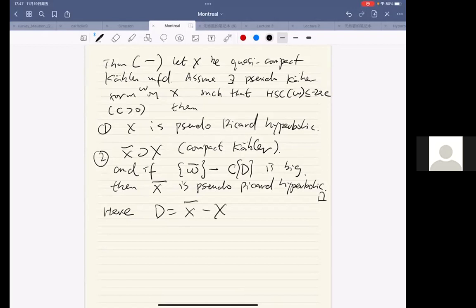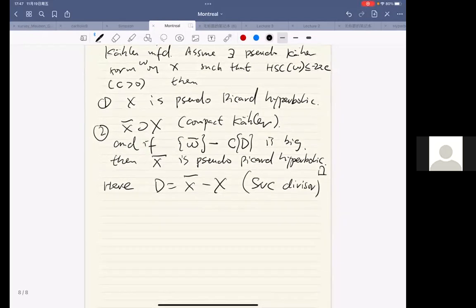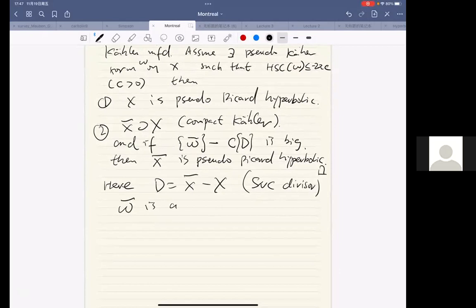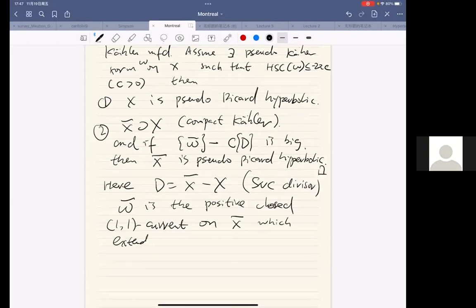We can always assume it is a simple normal crossing divisor, since if it is not simple normal crossing, we blow up to make the boundary divisor simple normal crossing. And omega bar is the positive closed (1,1) current on X bar which extends omega.